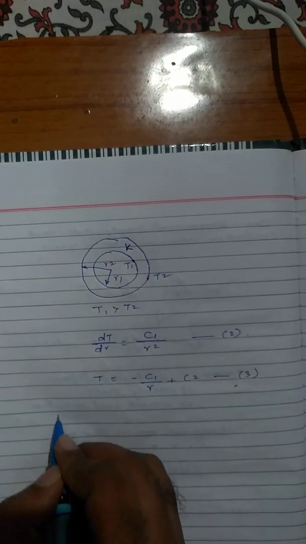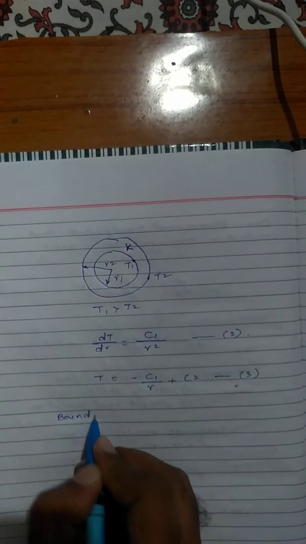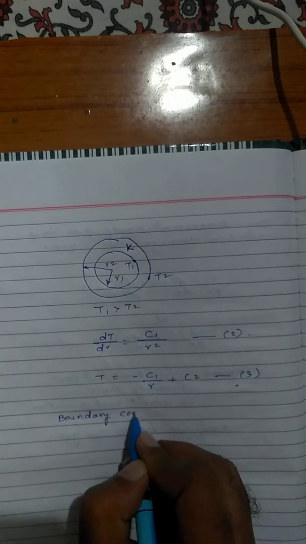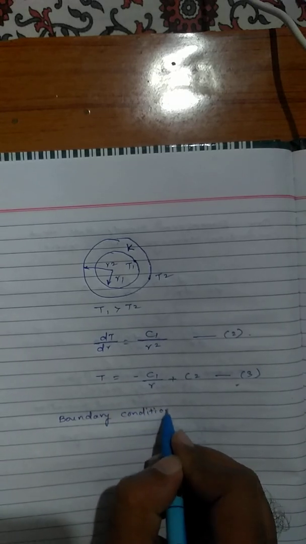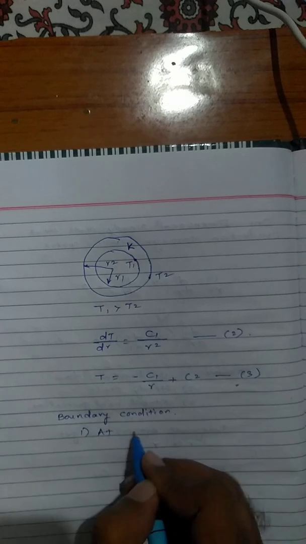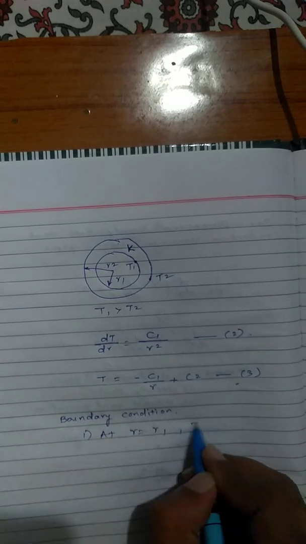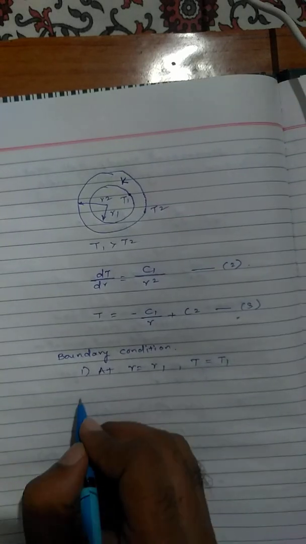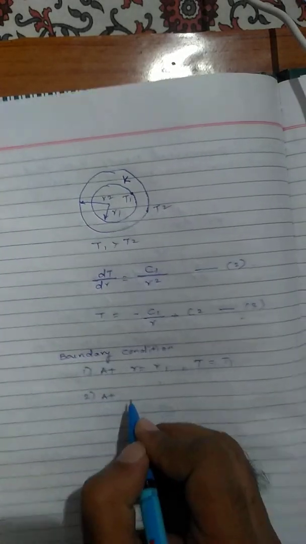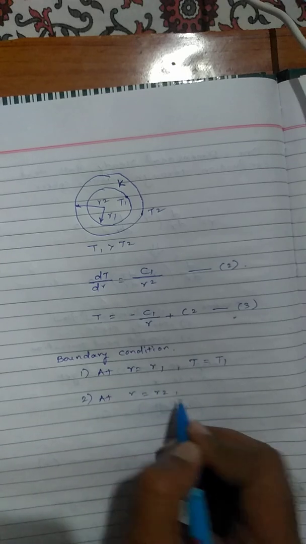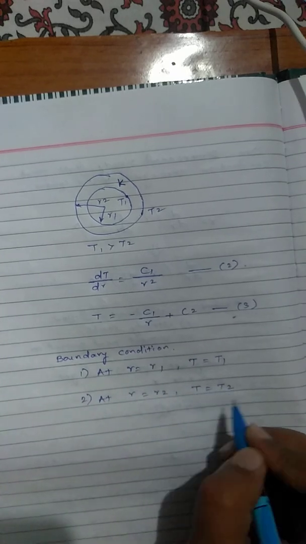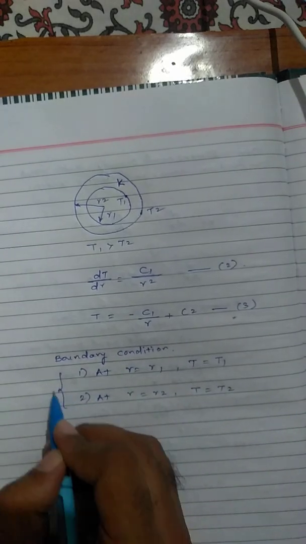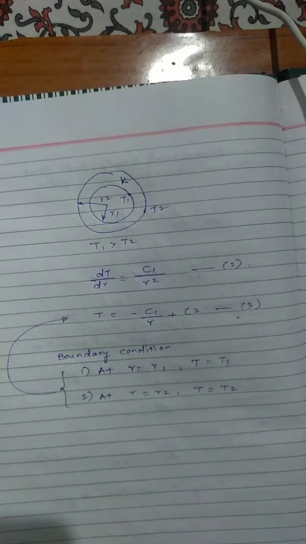Now the boundary conditions are, in this case, at r equal to r1, the temperature value is T equal to T1. Okay. Second boundary condition, at r equal to r2, T equal to T2. So you need to put these boundary conditions in equation number 3.